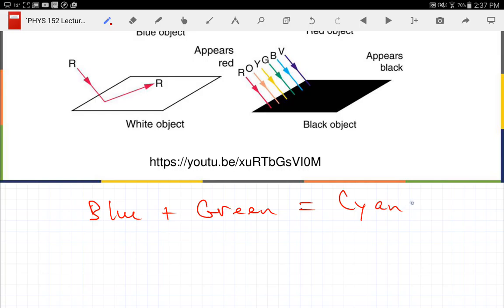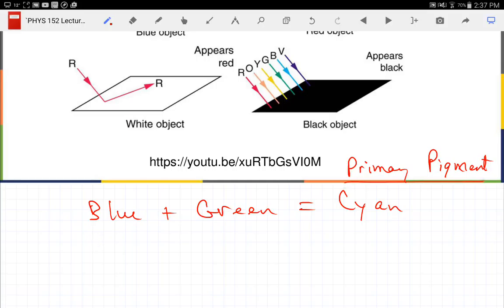And so cyan is what we call a primary pigment. If I put cyan in his shirt, it will absorb red, and the green and blue will be reflected. So that's one of our primary pigments.